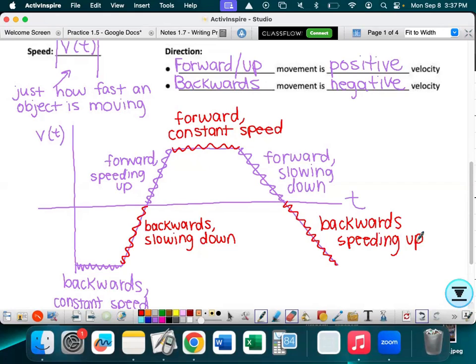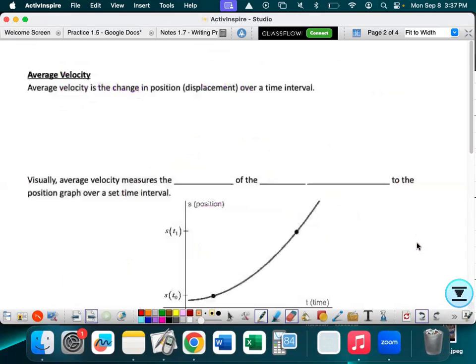All right. So let's go ahead and move to the next page, and we are going to talk about average velocity and instantaneous velocity. So average velocity is the change in position or displacement over a time interval. We always need to specify the time interval.